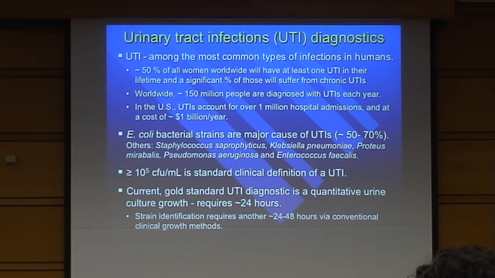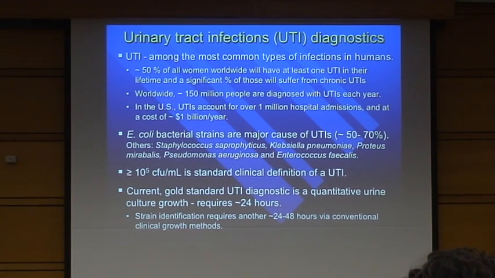So this is a big, common problem. E. coli strains are the major cause of UTIs, between 50 and 70%. And then there are just a handful of other species that contribute to UTI infections.